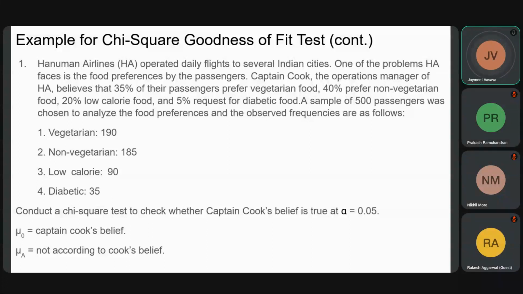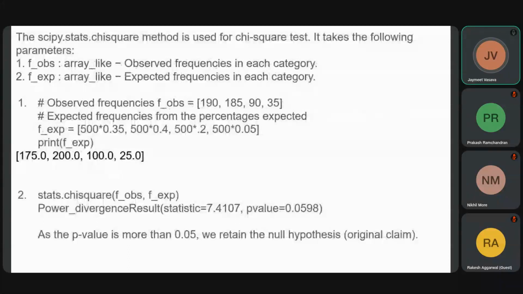We'll be taking alpha as a value of 0.05. The null hypothesis is the belief of our Captain Cook, and the alternate hypothesis is not what Captain Cook believes. We'll be using the chi-square method from stats model, which takes two parameters. One is the observed frequency, and the other is the expected frequency.